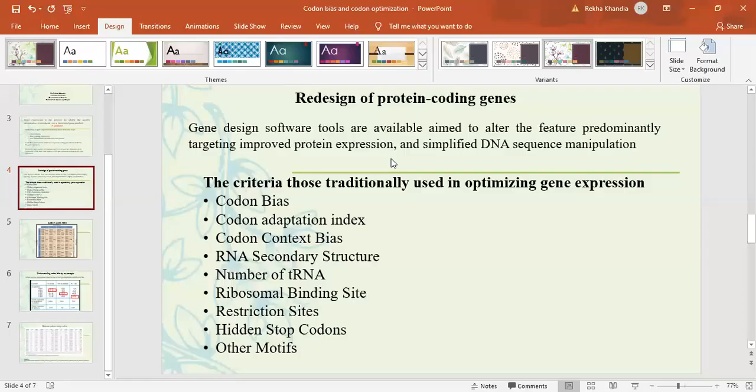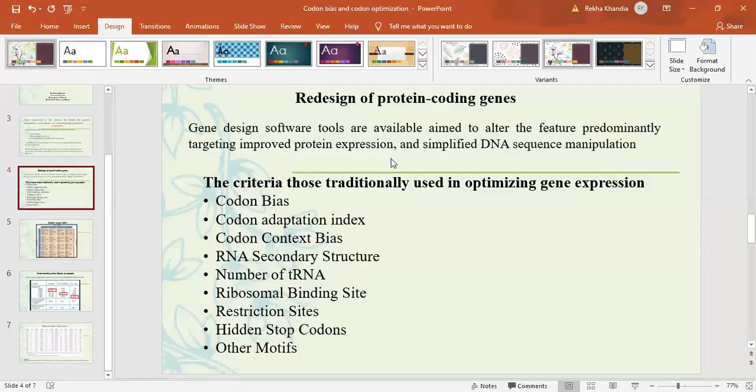So we have to keep an eye on this at the time of gene manipulation, so that no secondary structure is formed in the RNA, so that our protein synthesis machinery is not abruptly stopped.